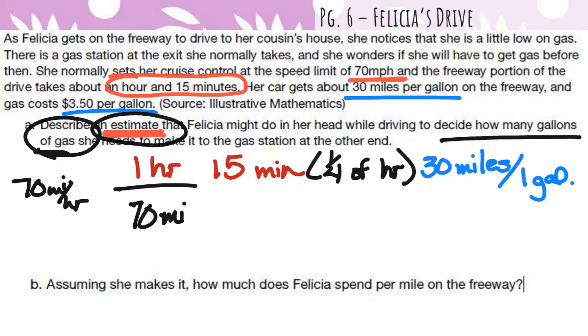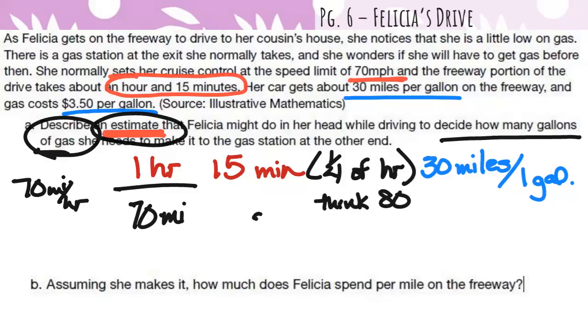If you're doing this in your head, you're thinking, okay, let's go to 80. So we're not taking a fourth of 70 miles. What is 1/4 of 80?